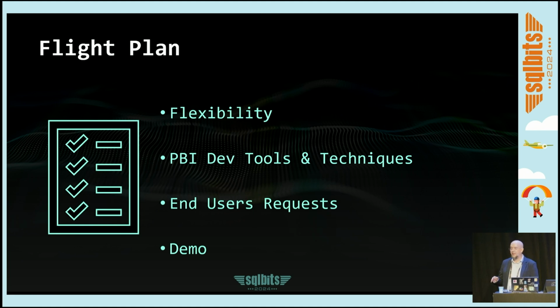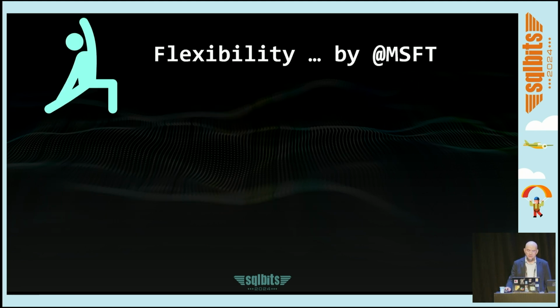I'll do a demo based on a file, and I will take you through the entire journey from the beginning when the end user requested something, which was really simple, and then it got up into something really flexible based on different additional requests. And it's about the tools that we are using to do this.